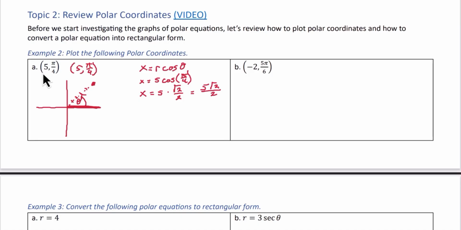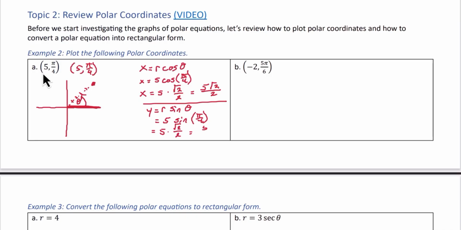And then y is r sine theta. So we have 5 sine of pi fourths. That is 5 times the sine of pi fourths, which is root 2 divided by 2.